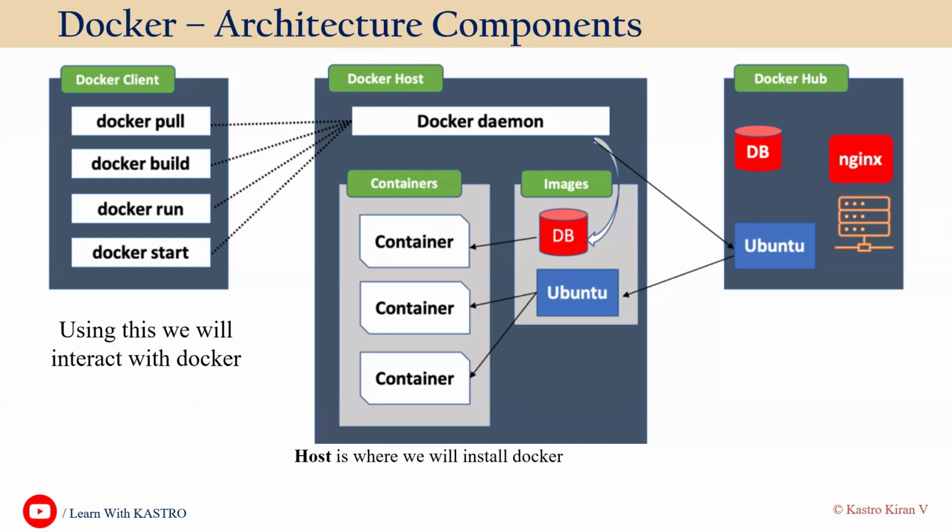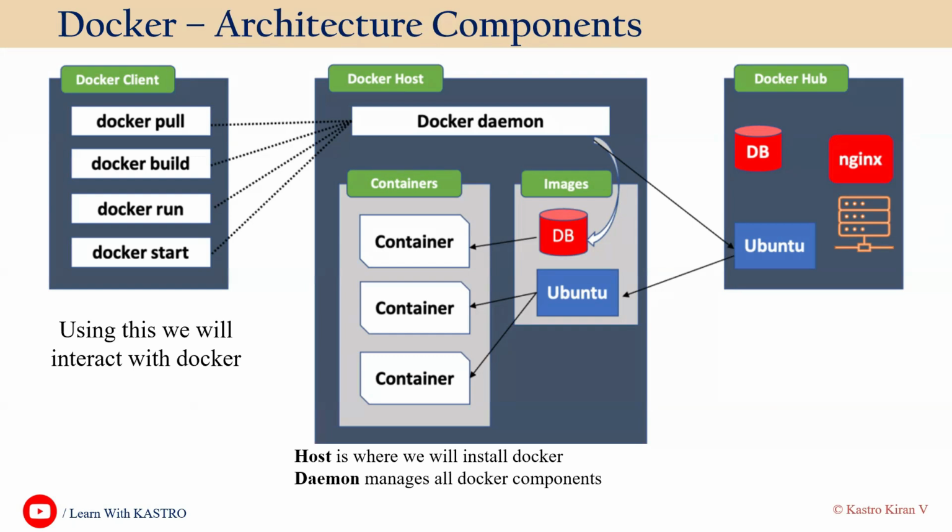Host is nothing but what hosts the application, software, or tool. So here, what is the host? The host is basically the EC2 instance. Inside the EC2 instance, we are going to install the Docker software.